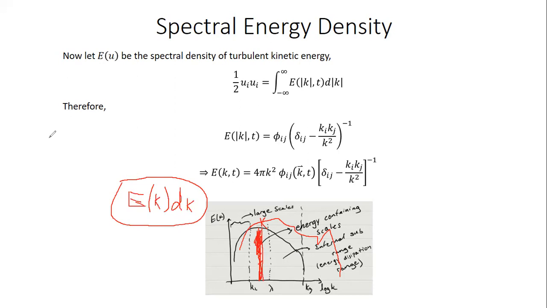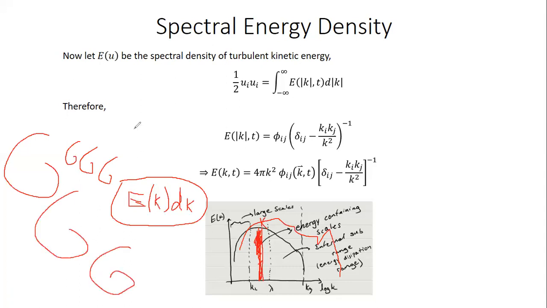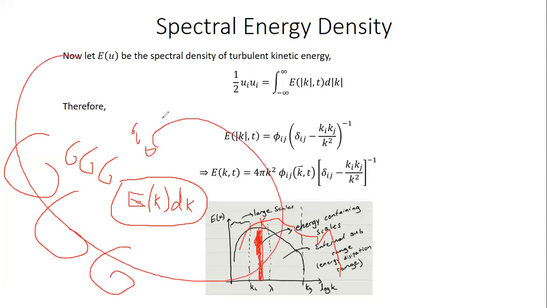Let me say it like this: what is your turbulence? It's a set of vortices. You have small vortices like this, big vortices like this, maybe very small vortices, and something very big. So we classify them by size. We consider this band corresponds to small vortices, and this band to even smaller vortices.